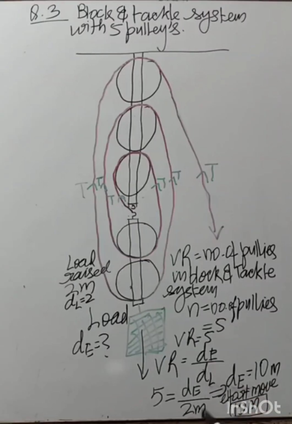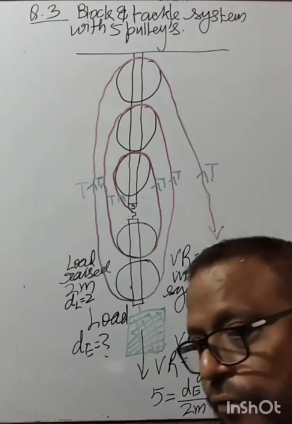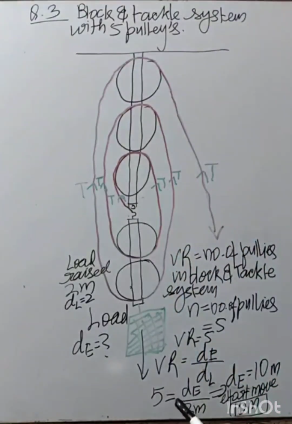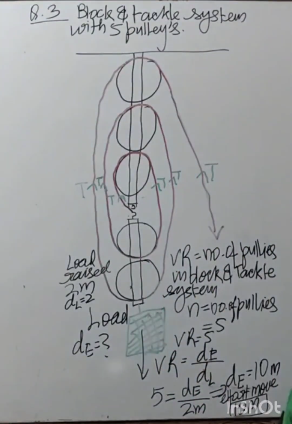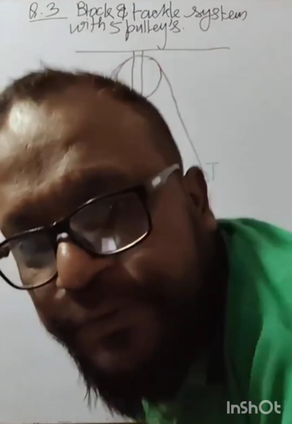So dE is equal to 10 meter. So it is 5 times 2 becomes 10. So effort moves 10 meter. So this much is sufficient for this time for pulleys, which is a part of machines. So thank you.